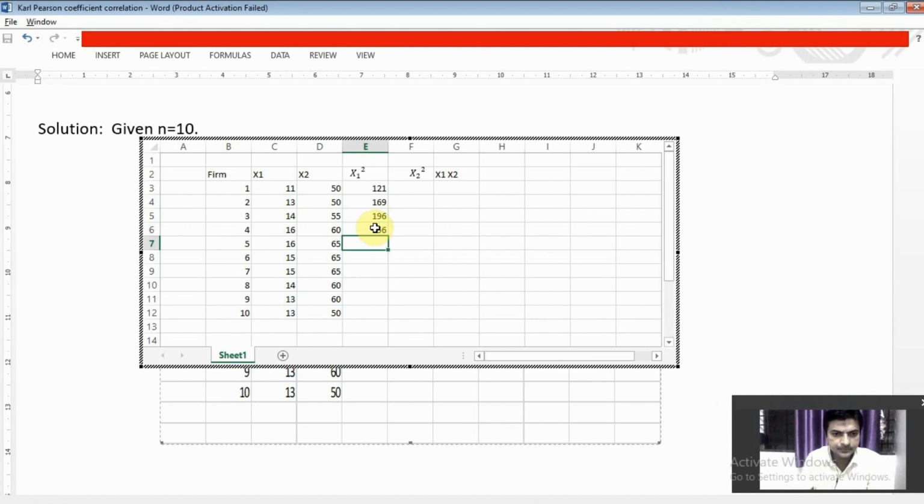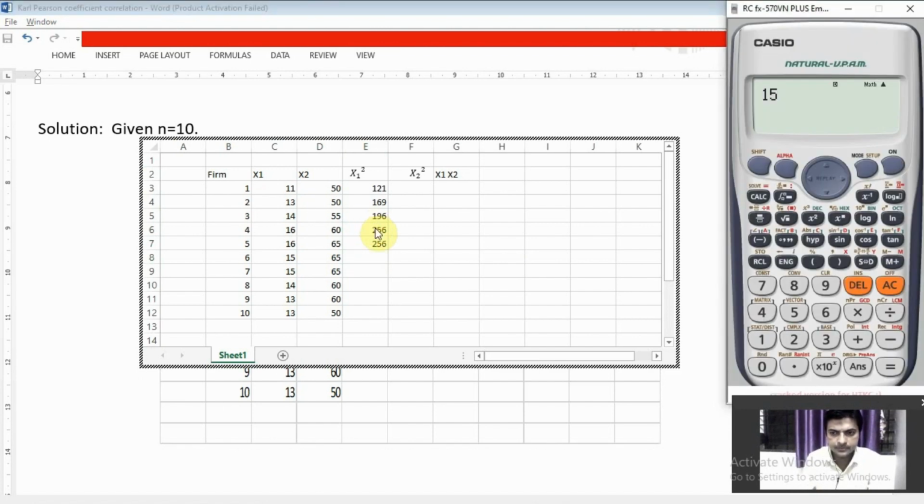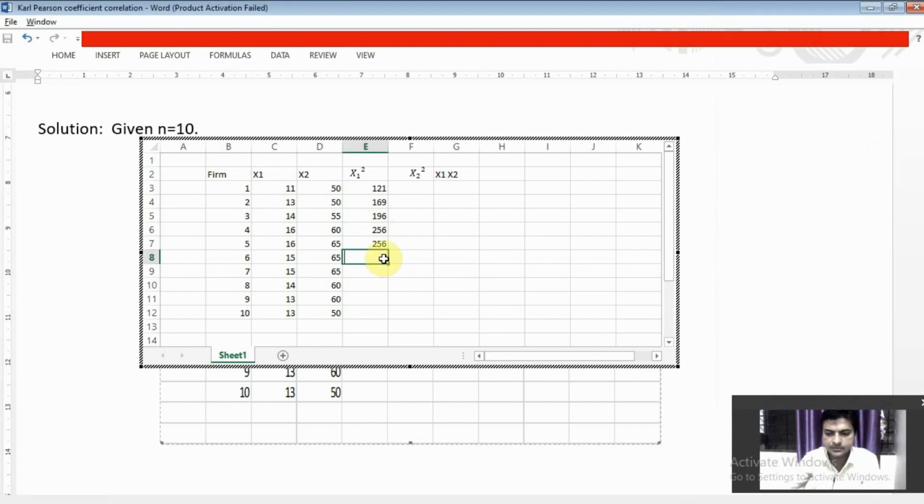Then 15 square, 225. I'm just showing in the calculator, you will get the correct answer. So you can take down 225. 15 square, 225, 14 square, 196, 13 square, 169.